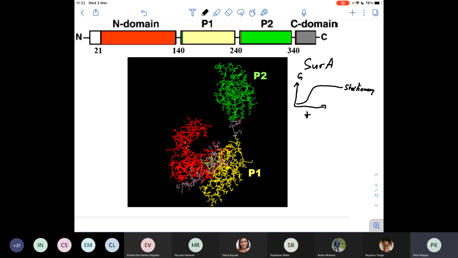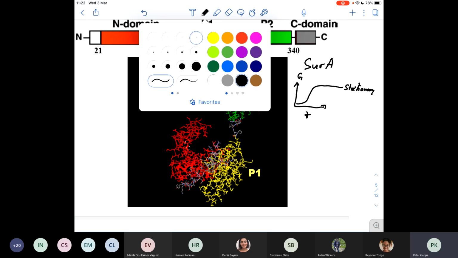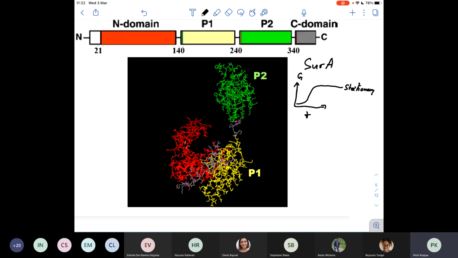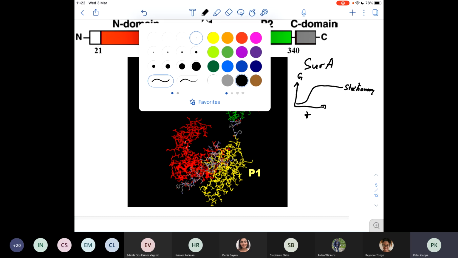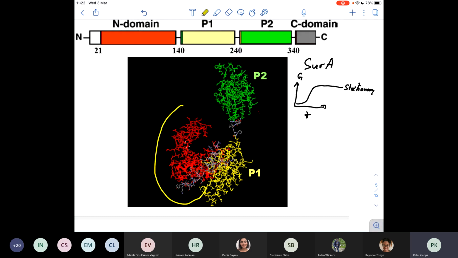And if you remember, in BI300, we discussed the concept of domains in proteins. These are units in the amino acid sequence that can fold nicely into compact structures. So we found that we have these nice domain structures of this protein.